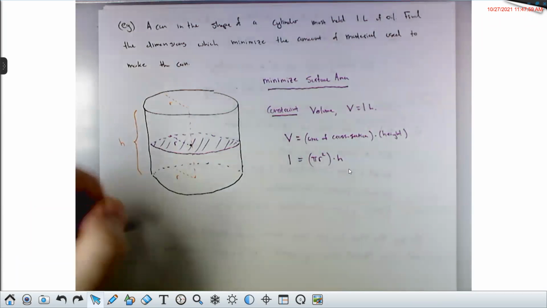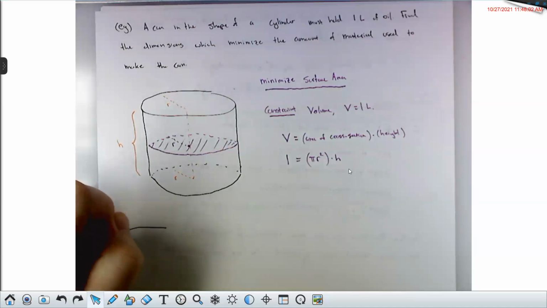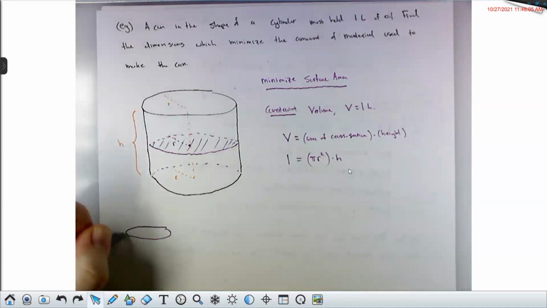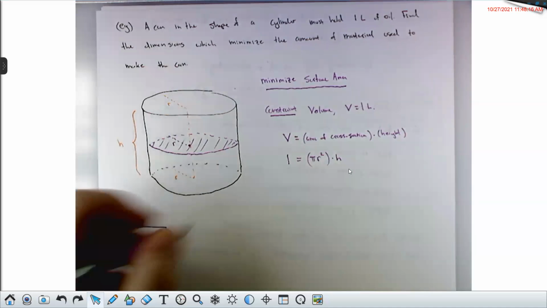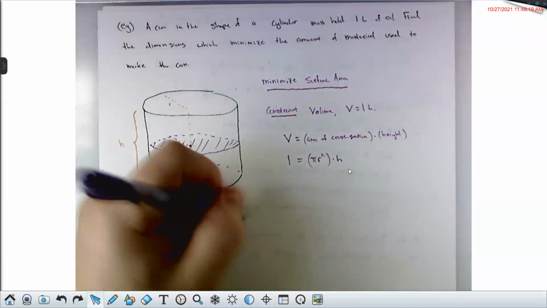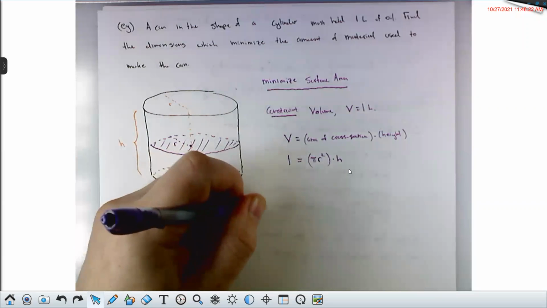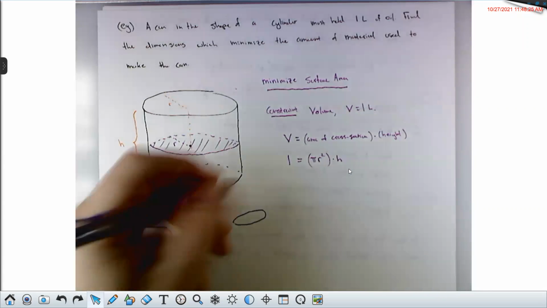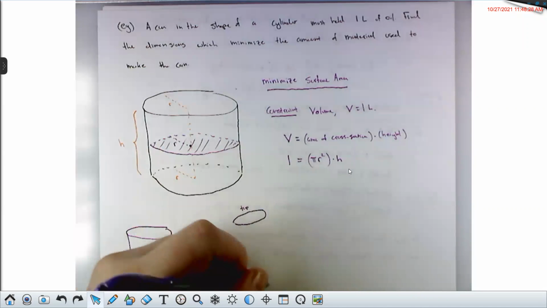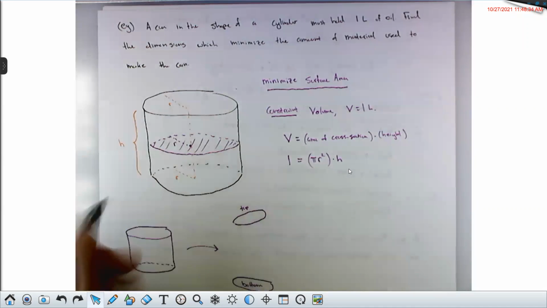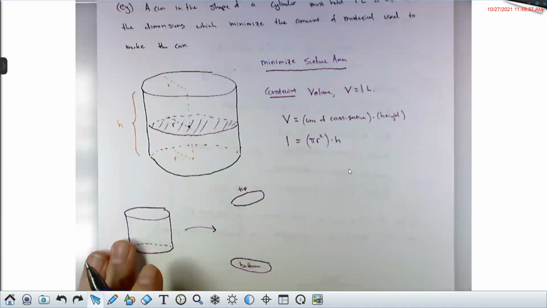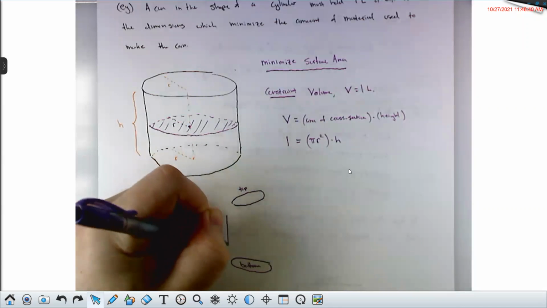The surface area, we have to think about a little bit more carefully. When I talk about this sort of geometry in Calc 2, I say, imagine you pop the top and the bottom off. And then you cut and unroll the middle part of the cylinder.